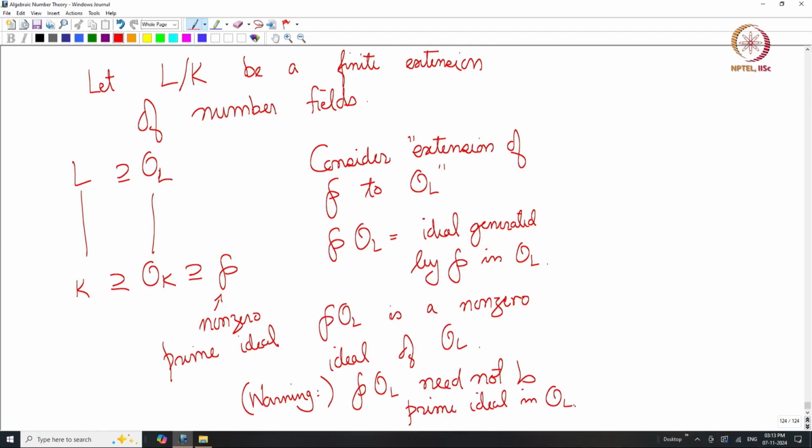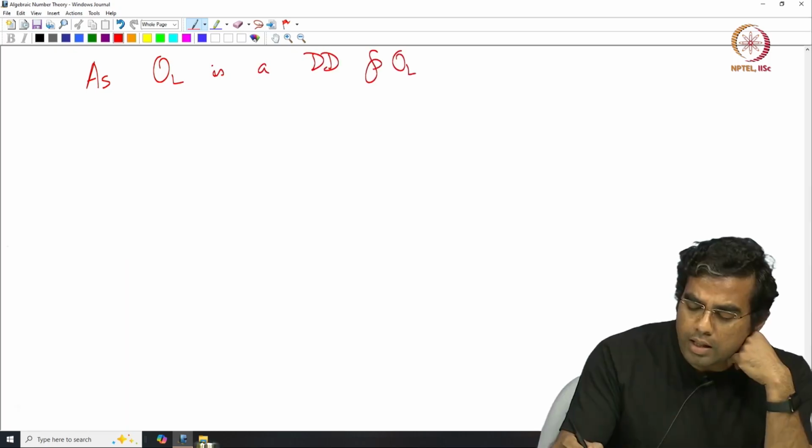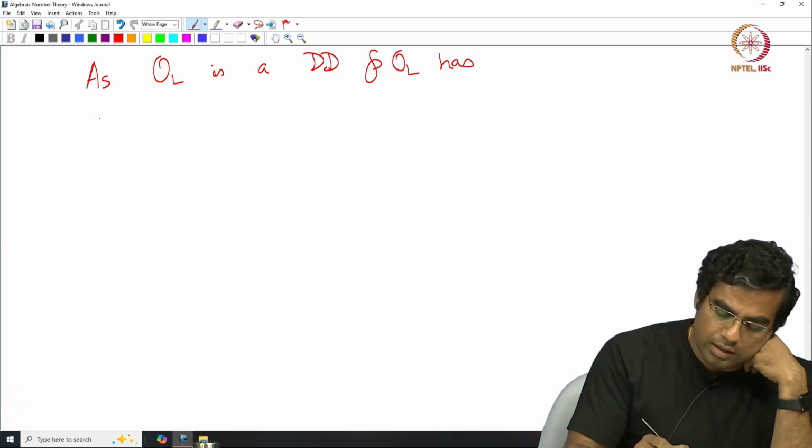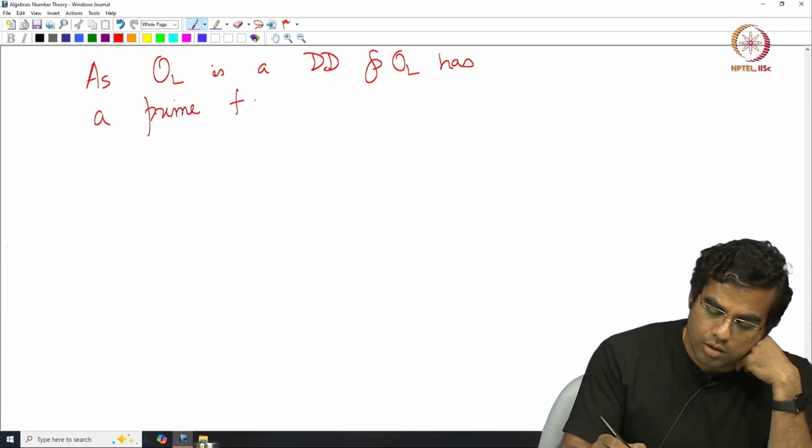Okay. It is an ideal of OL, it is a non-zero ideal, but just because P is a prime ideal, POL need not be a prime ideal. In any case, as OL is a Dedekind domain, POL has a prime factorization in OL.